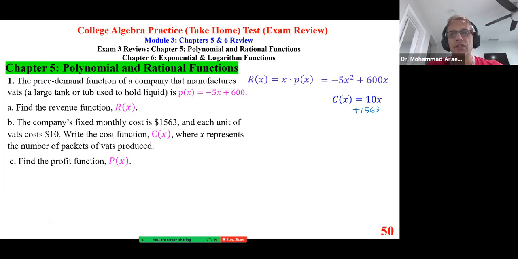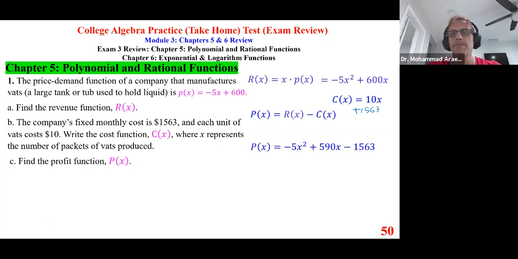Profit function by definition is revenue minus cost. So far, fairly elementary.